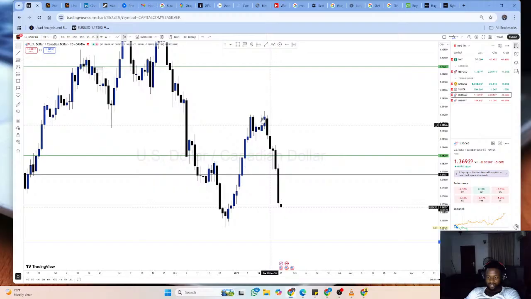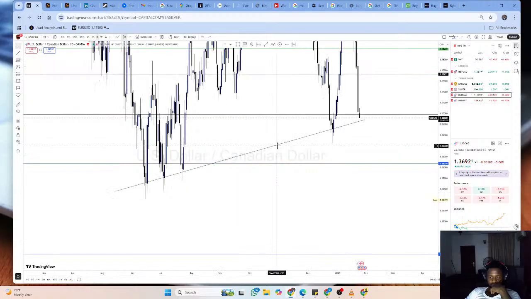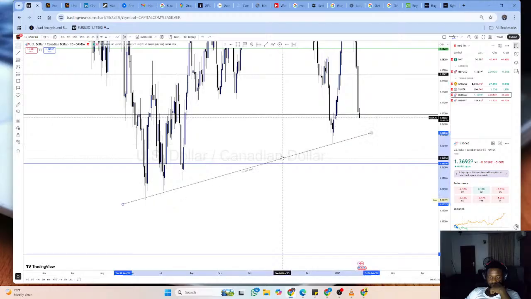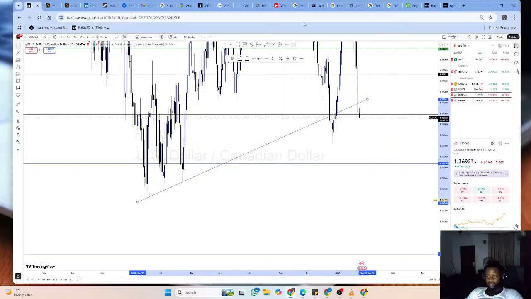See where price has closed. Basically, let me take into account the wicks. I don't think I will take into account the wicks.